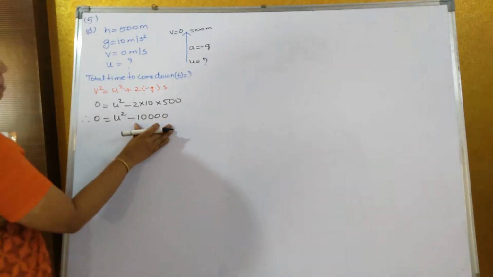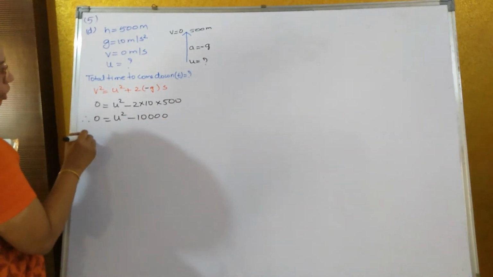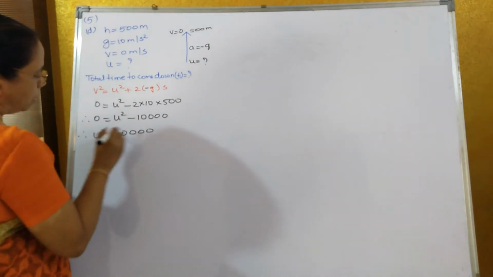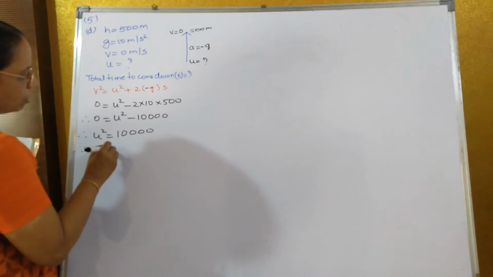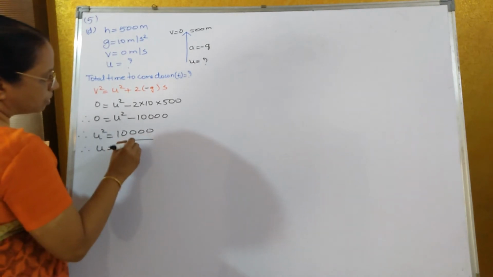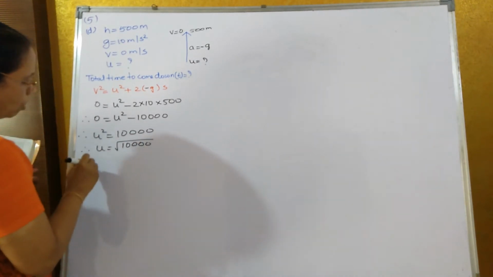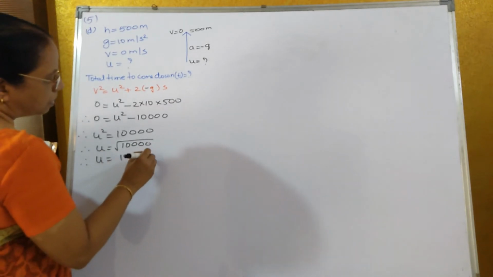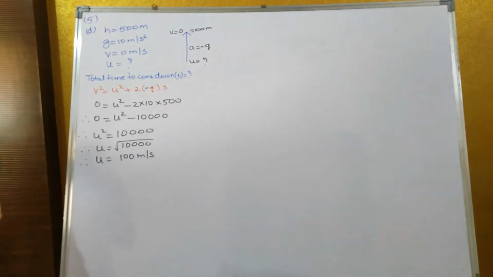Now bring this minus 10,000 on this side. So what you will get? Minus will become plus 10,000. Therefore u is equal to root of 10,000. Therefore u is equal to 100 meter per second.